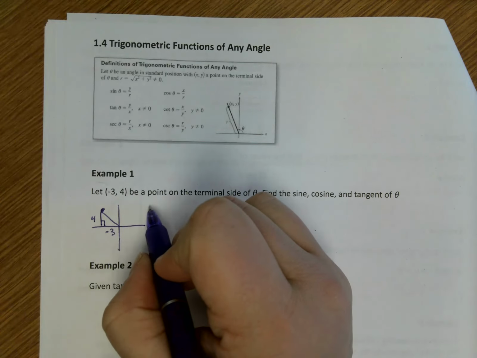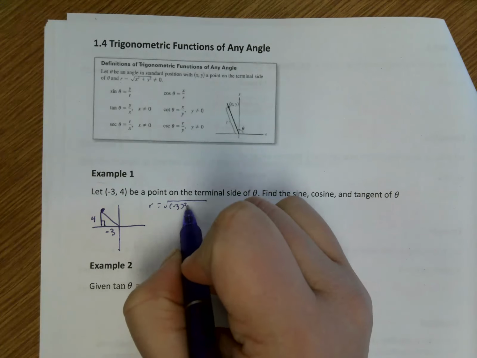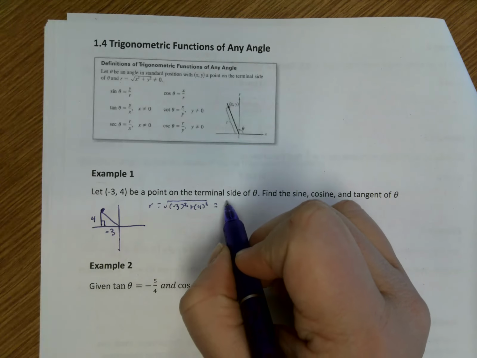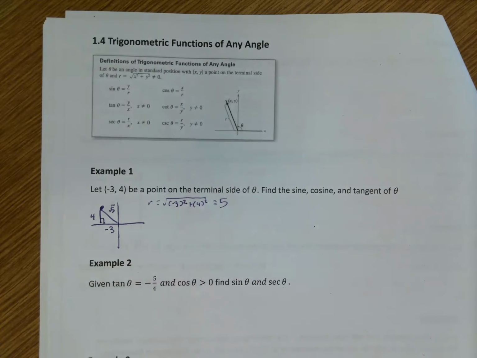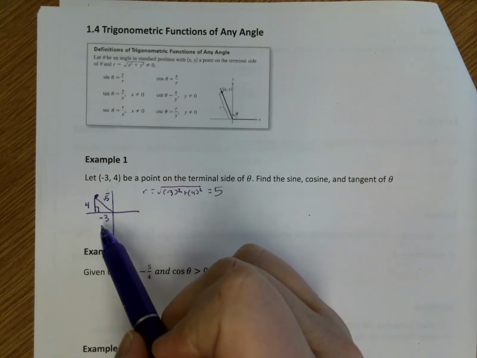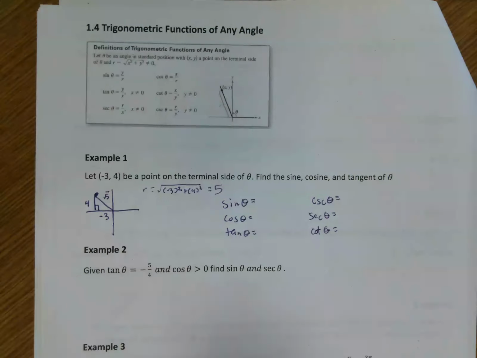So if I do this, my r is going to be the square root of -3 squared plus 4 squared, which would be equal to 5. That's a Pythagorean triple. And now I can use my 6 trig functions off of this, or I can use it with this. Either one will work.